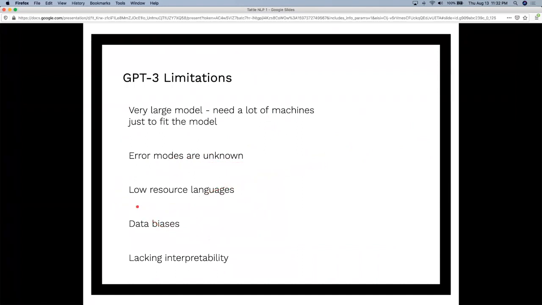Another big thing that I think a lot about is low resource languages. So for us, India has close to 700 languages and dialects. The world has like 7,000. But this ability so far is only in English, to some extent in French, Russian, etc. A little bit in German. But after that, this goes down.